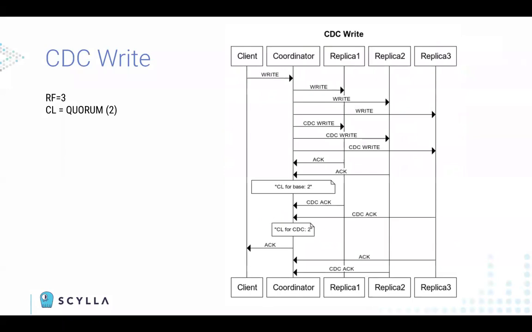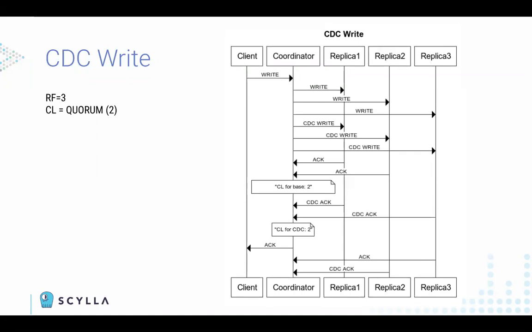So with that, let's have a brief look at what's happening when a write to a base table arrives. All the CDC operations are synchronous. So when a coordinator in the cluster gets a write to a base table, let's assume for a second that in this particular example we use a replication factor of 3, and the operation is done at consistency level quorum, which in this particular example means 2 replicas have to acknowledge the write.